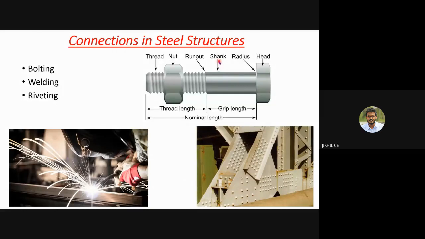You have the shank as the linear portion in the bolt, and you have the threading to facilitate the tightening of the nut. This is the thread length, the total threaded length portion, and the grip length, and the nominal length of the bolt is expressed from the head end to the bottommost portion.